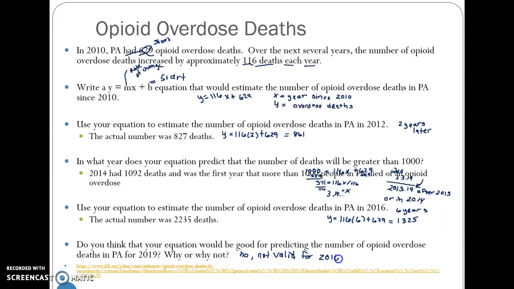When we look at this scenario, at the beginning here back in 2010, the data was very linear, and so that's why we got a decent estimate in 2012, a great prediction for 2014, and then we've had what we call an opioid crisis, and the data has deviated from linear.